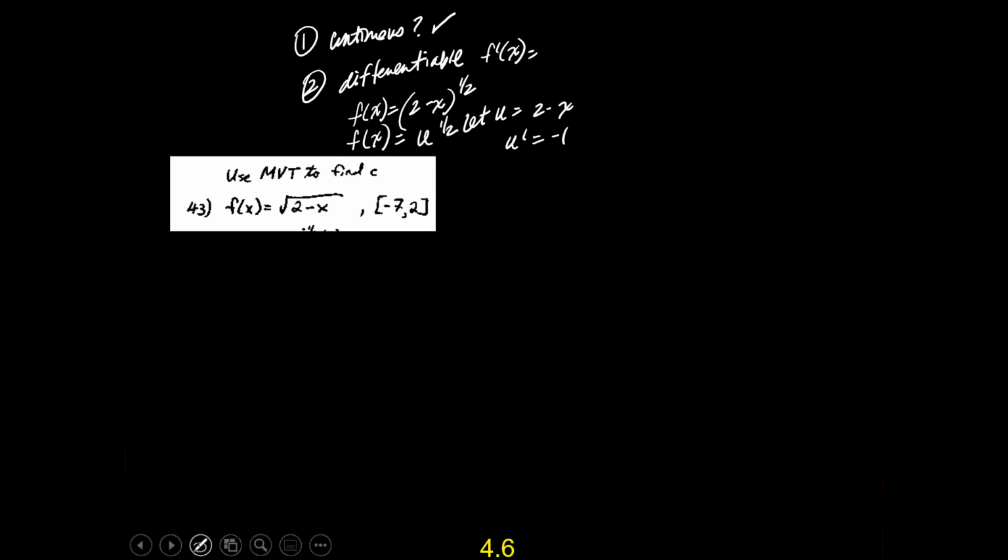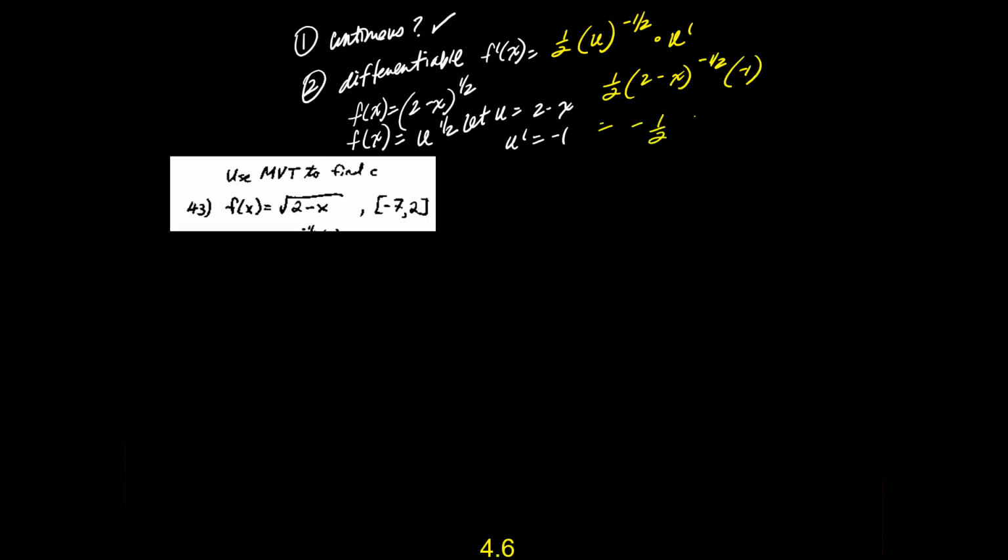F prime of x, in this case, will be a 1/2 u to the -1/2 times u prime. So then if you substitute everything back, you have 1/2, 2 minus x to the -1/2 times -1, which is just going to be -1/2 times 2 minus x to the -1/2.